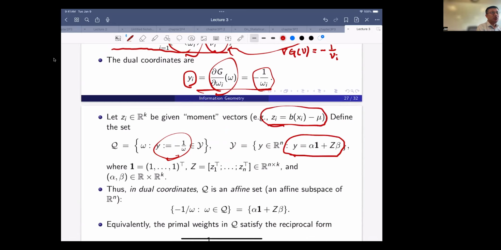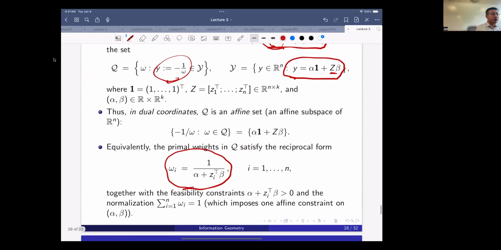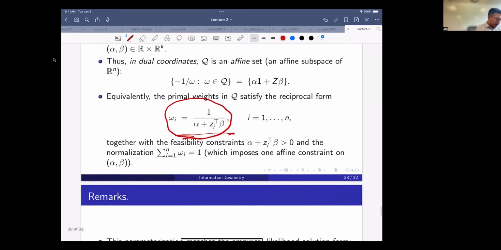So this is a moment condition, right? And then we basically make it affine in terms of this z. So that way, eventually the form of the empirical likelihood weight subject to the constraint will be something like this. Okay, because it's basically affine with respect to the dual coordinate system, right? So you get this one.